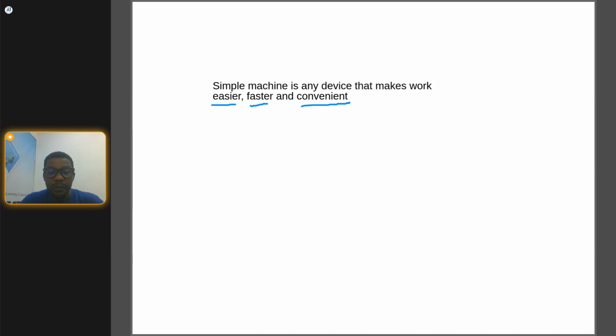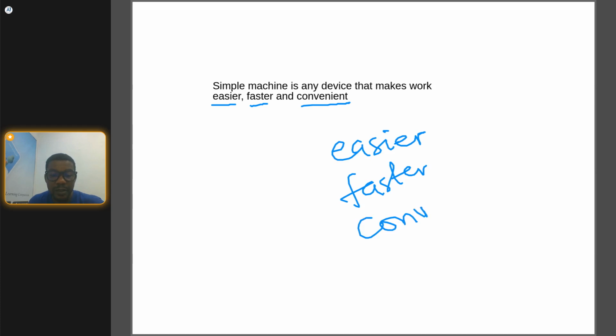So you can see the three keywords. It makes it easier, it makes it faster, and also it makes it what? Convenient for the person. It makes our work convenient.